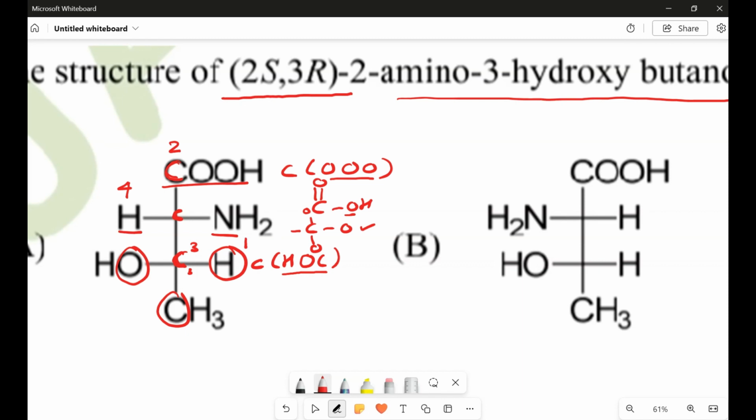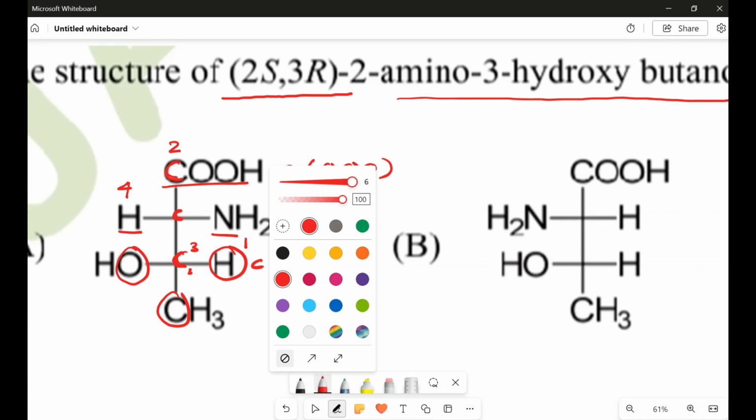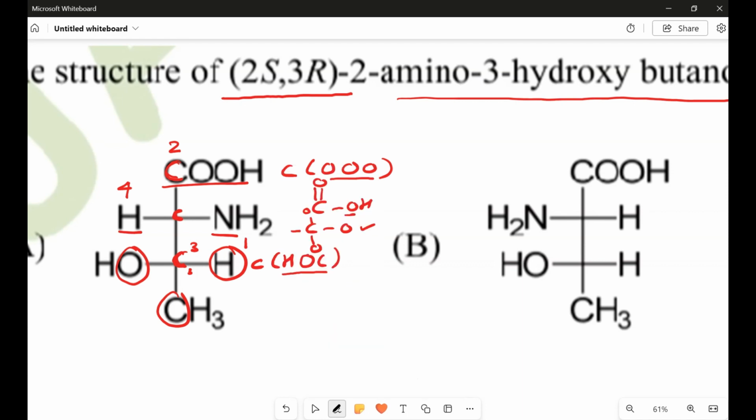Okay. So now if I draw a semicircle from one to two to three, it traverses an anticlockwise path. Therefore, I'll say it's an S configuration. But remember, whenever you have the least priority group in the horizontal position, it is a near group.